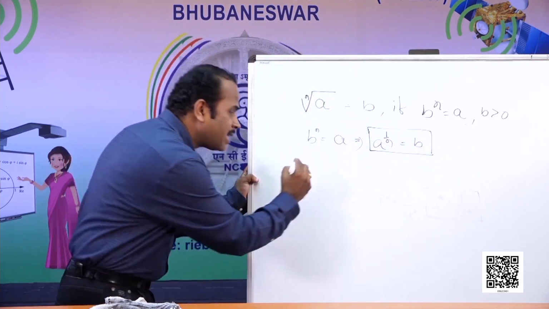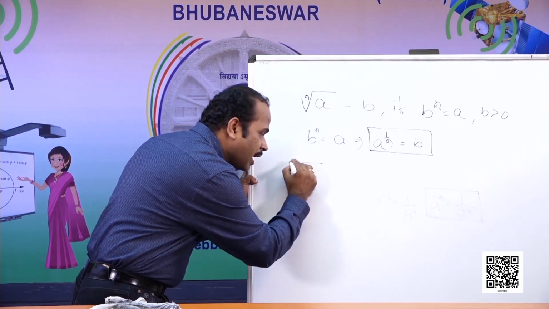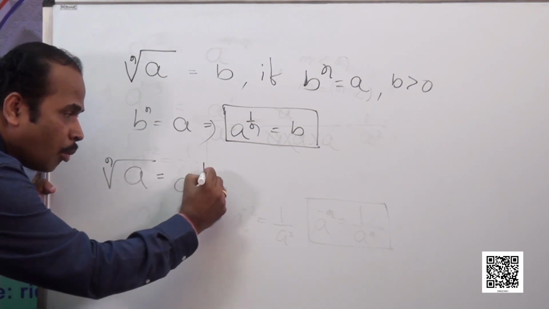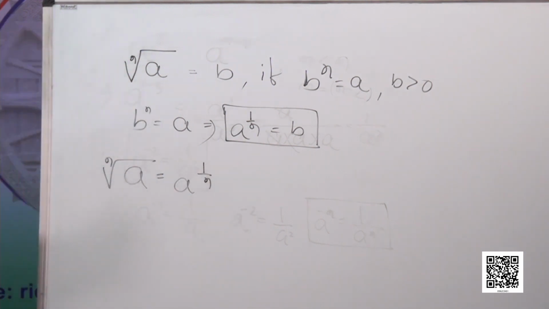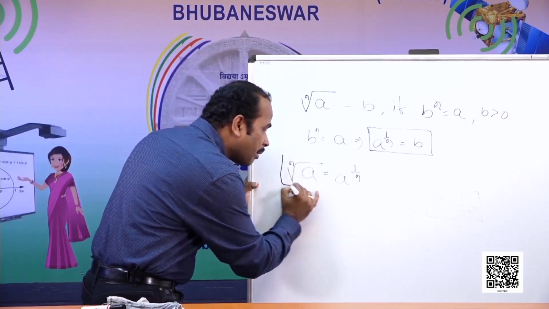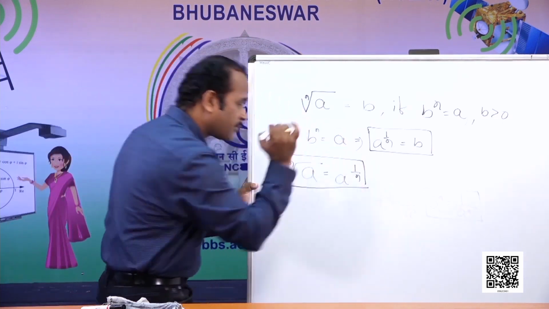So finally what I get? The nth root of a is equal to a to the power 1 by n. So the nth root of a we can express as a to the power 1 by n.